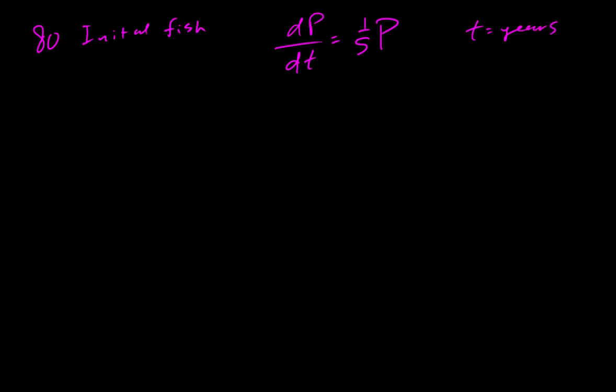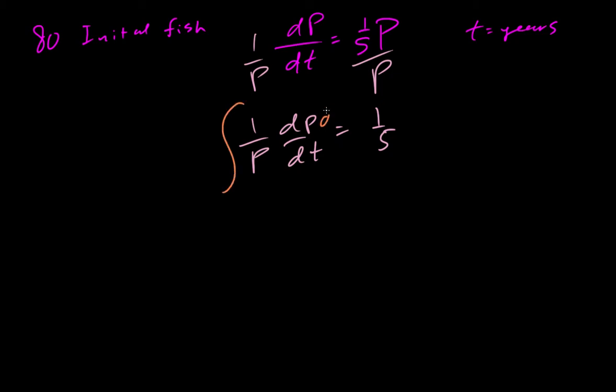Write an expression for p in terms of t. Alright, so we have this. We're just going to divide by p, which is like doing that. So 1 over p dp dt equals 1/5. Then we're going to integrate with respect to t.